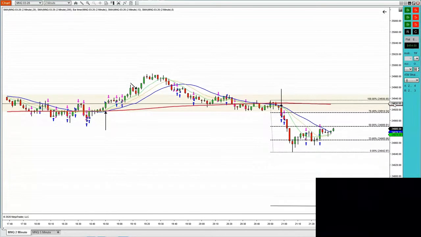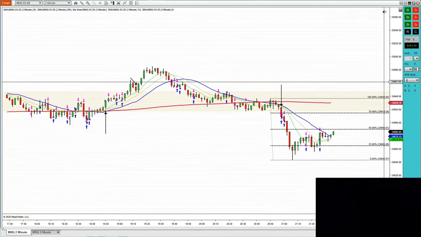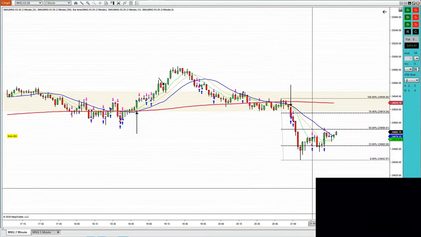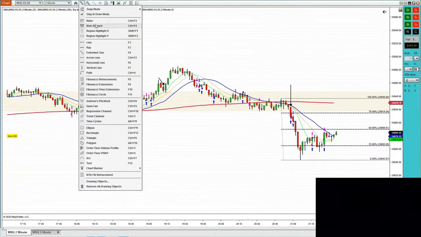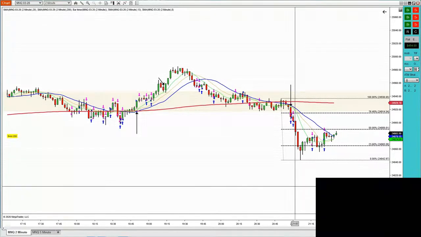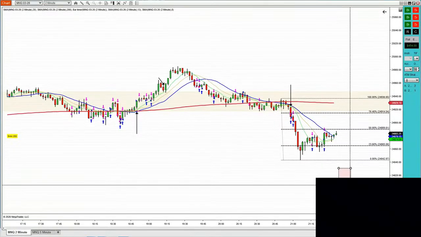So I'm going to close that out. My next trade will be only if we get down this section, and then looking at going long.